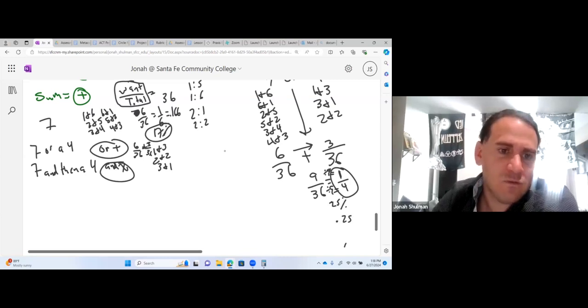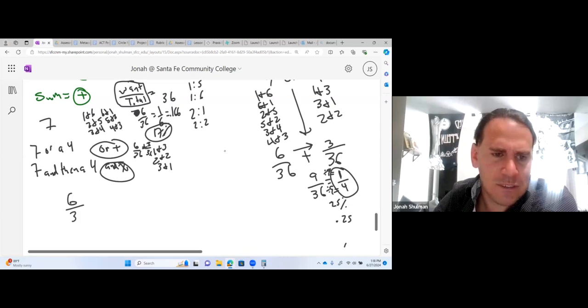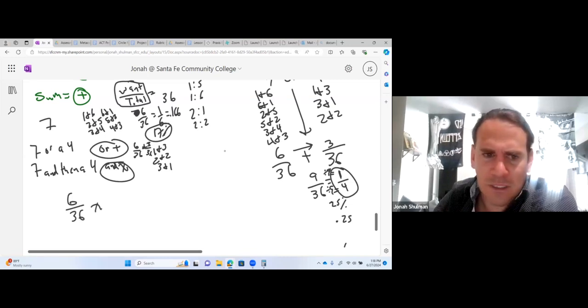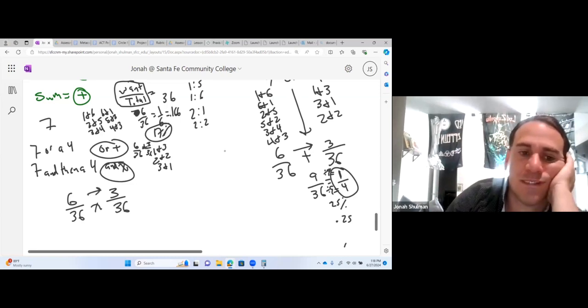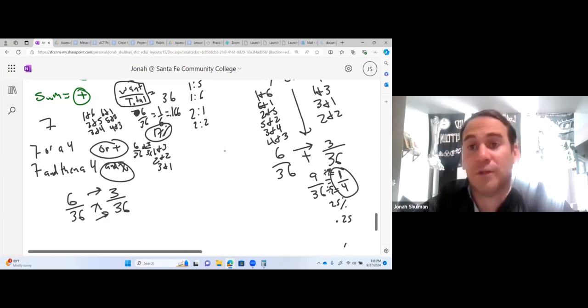So now we have to roll a 7 and then a 4. We already know the 7 is 6 out of 36. The 4 is 3 out of 36. Now, we could multiply top by top, bottom by bottom.